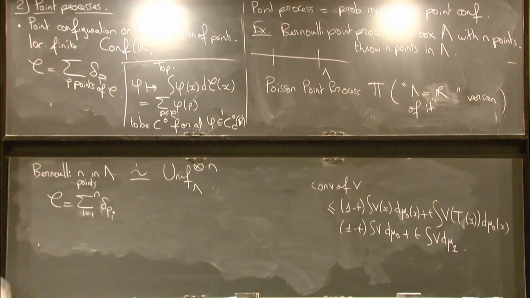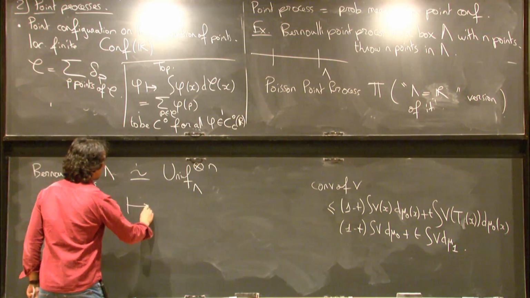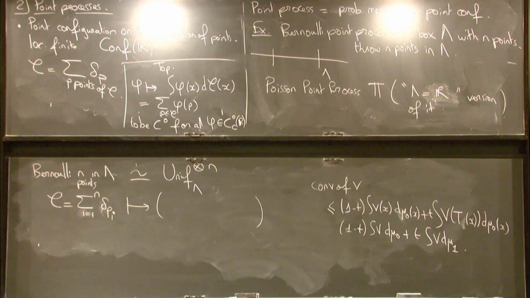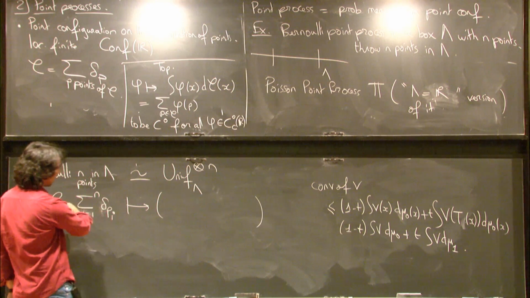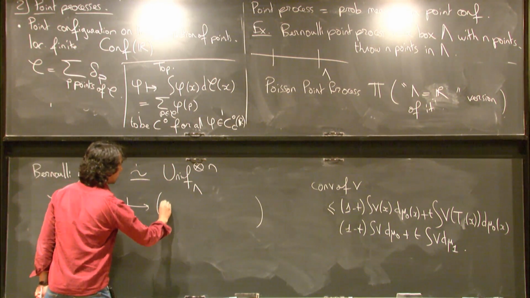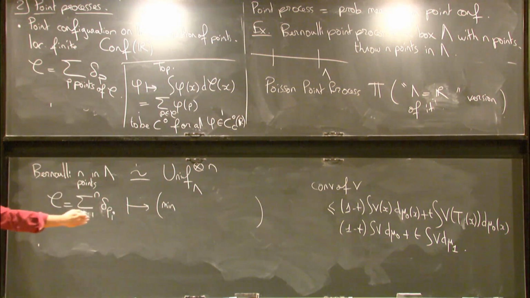It's made of n Dirac masses. I will associate to it the following thing. I have n points in an interval.